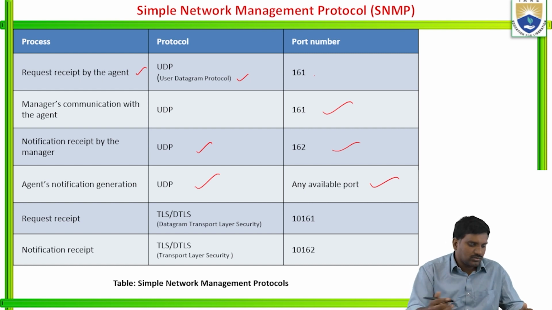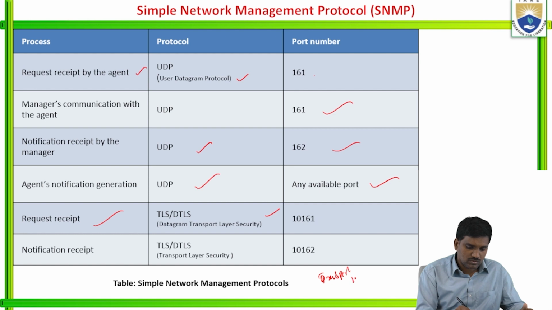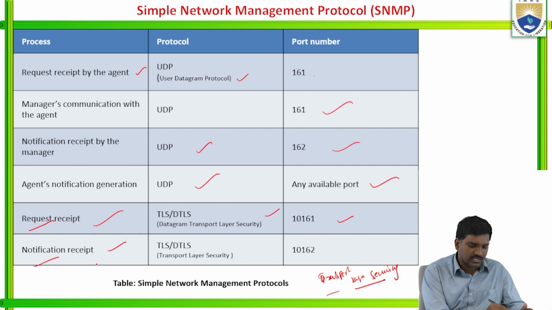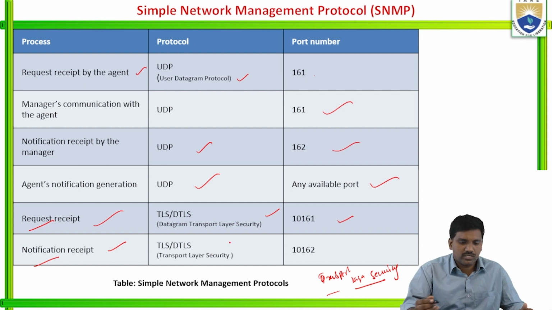Next, request receipt by another protocol, TLS or DTLS. That is Transport Layer Security or Datagram Transport Layer Security, and the port number is 10161. Next, notification under Transport Layer Security or Datagram Transport Layer Security comes under port number 10162.